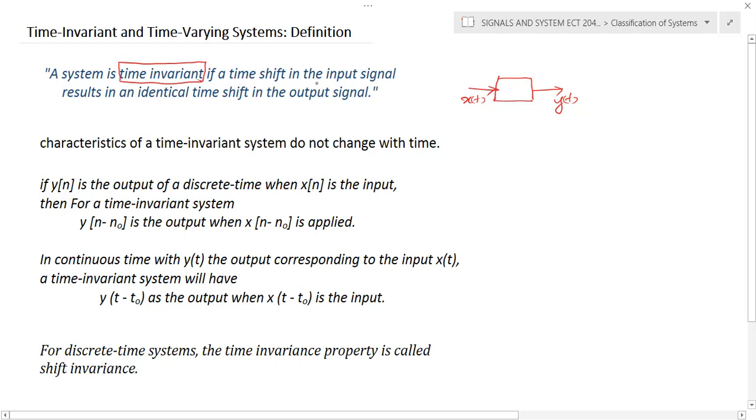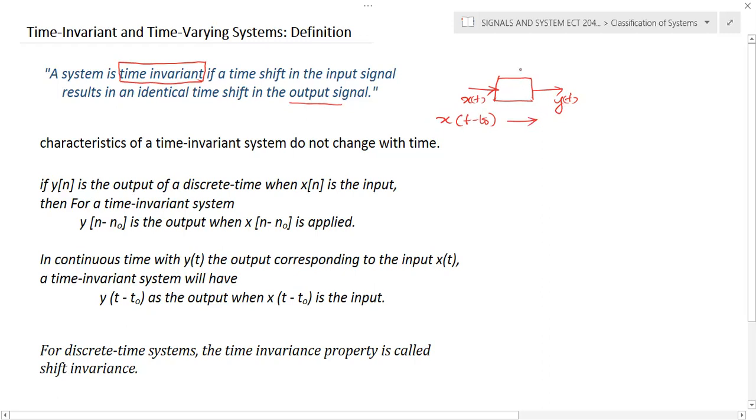If a time shift in the input signal, that is, we are providing a shift in the input signal, that is x of t minus t0, and if the system is a time invariant system, an identical time shift in the output signal. Means if the input is x of t, the corresponding output is y of t.